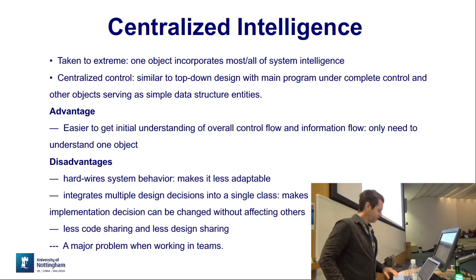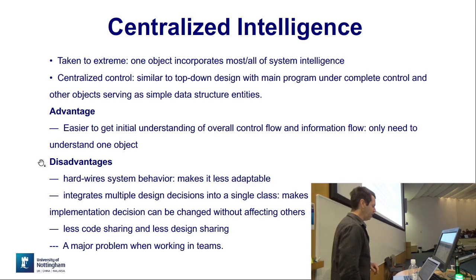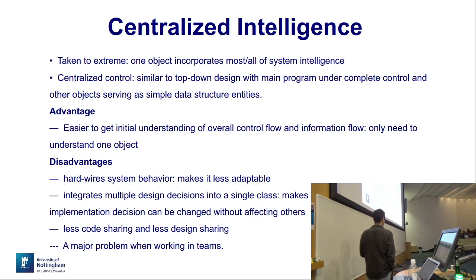Some of the disadvantages of centralized intelligence is so-called hardwired system behavior. It makes it less adaptable. If I have one class with one main method, I can't reuse any of the code. I can't do Snake version 2 and extend the main method with a subclass called Snake version 2.